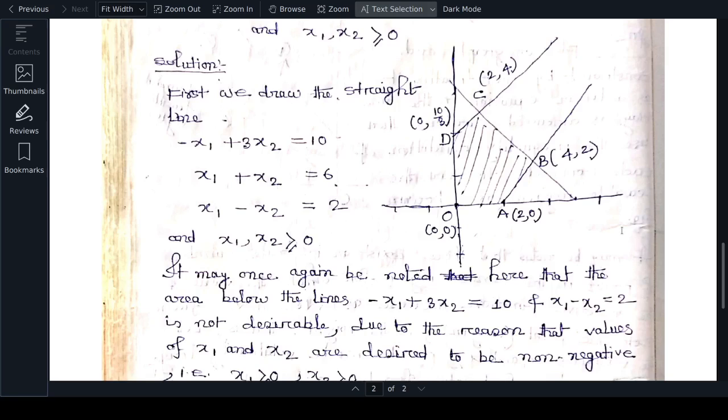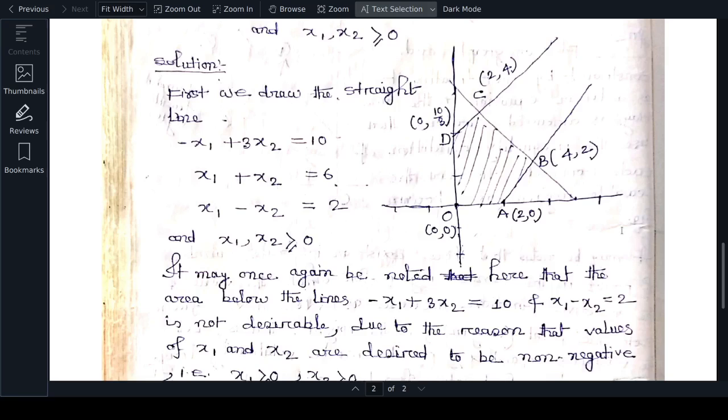c means the y intercept, meaning when a line is drawn, at which point this line cuts the y-axis. c is not a constant here; c represents the y value where the line cuts the y-axis.